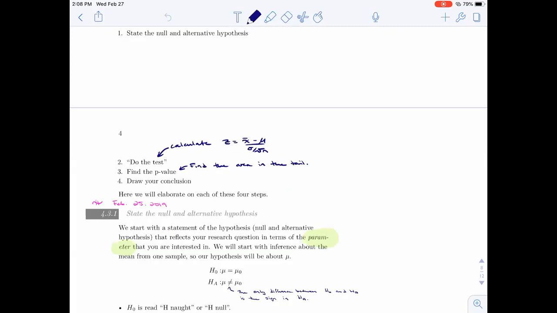And then step 4 is where you pull it all together. You use the p-value to draw your conclusion. Do you have enough evidence to reject H naught, or not? If the p-value is smaller than some alpha level, then we have enough evidence to reject H naught.